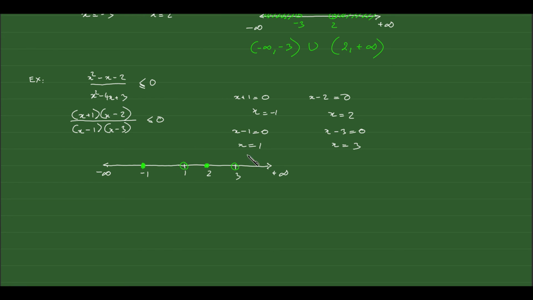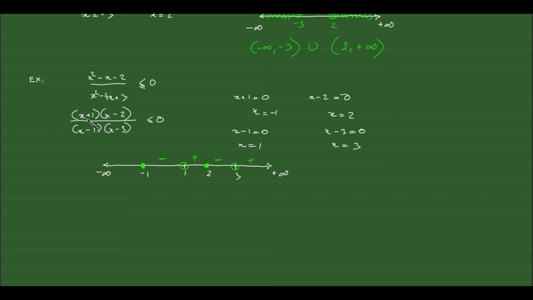Pick a value. Pick 4, plug it in: positive. Pick 2.5: negative. Pick 1.5: positive. Pick negative 0.5: negative.